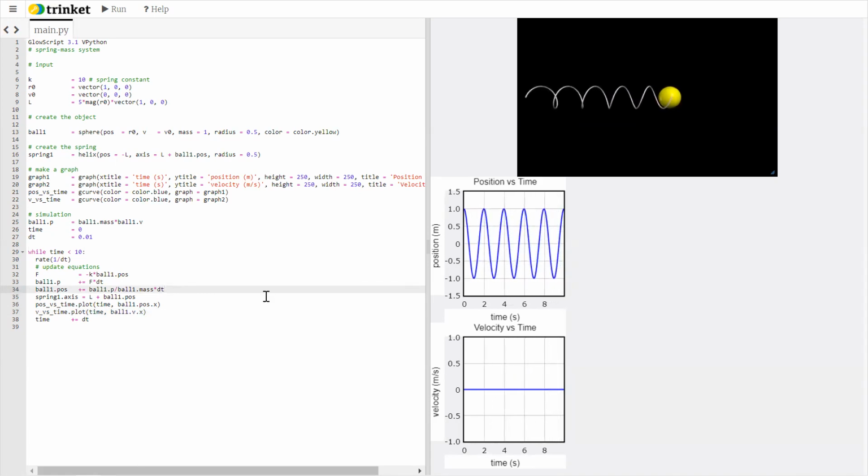Okay, so we need to define the velocity. So ball 1 dot v is equal to ball 1 dot p divided by ball 1 dot mass.